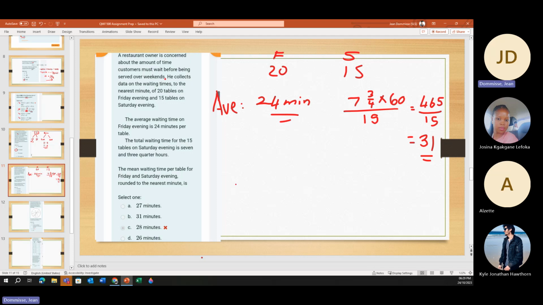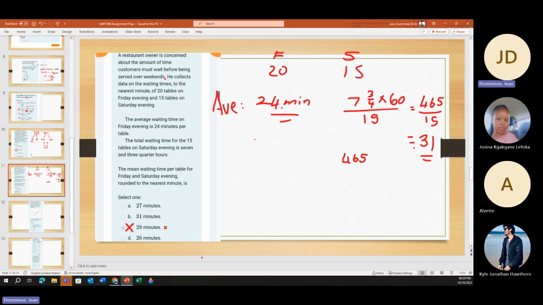Okay, so this is interesting. So, okay, so that is wrong. So you must not take those two and divide by 2. So we will need to say, so this was 465 was the total.